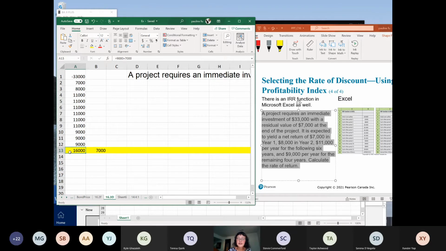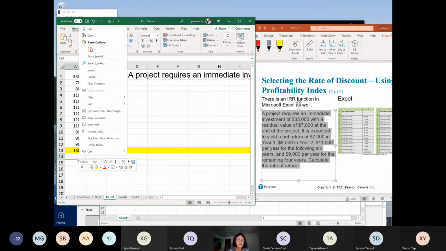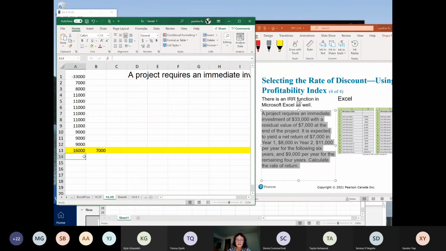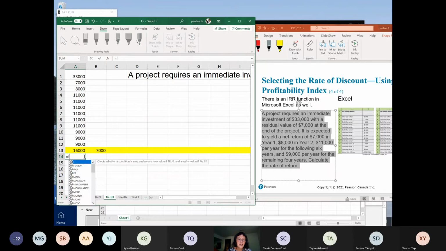Okay, any questions for arranging the data? Any questions? All right. So once you have this all set up in Excel, you just type in equal IRR, opening bracket, and then select A1 to A13.